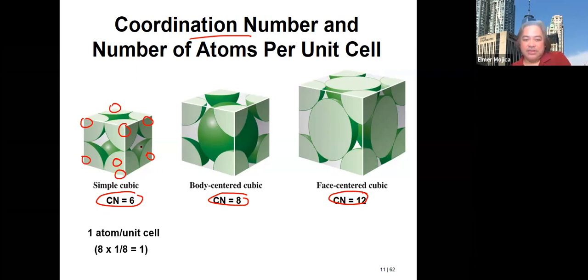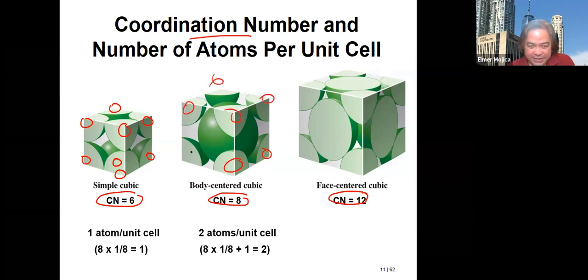But in each of these, in the crystal lattice, there's only 1/8 of that. So 1/8 times 8 gives you 1. How about in the body-centered? How many atoms do you have per cell? The 8 on the corners times 1/8, and 1 atom in the center.